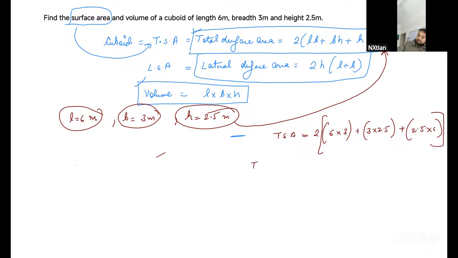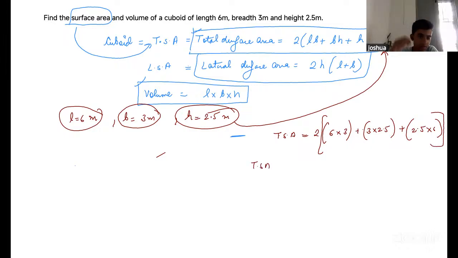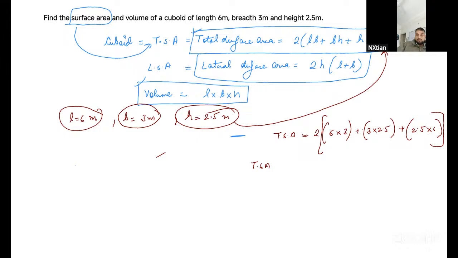Understood? So we're using the TSA formula. You're just placing the values in. Then simply solve it. Like 6 into 3 is 18. 3 into 2.5 is how much? 7.5.